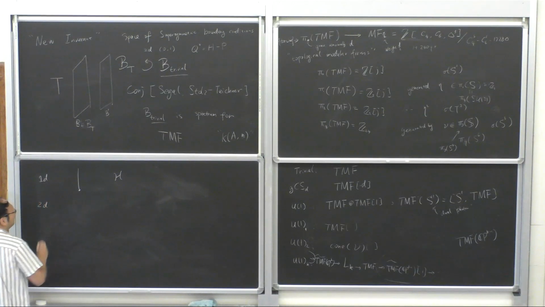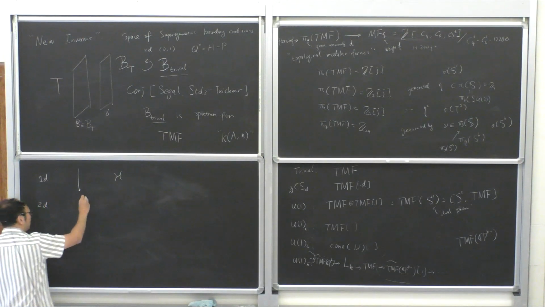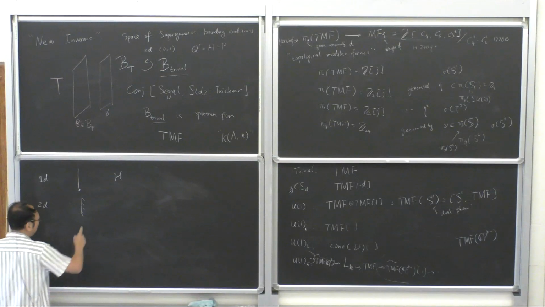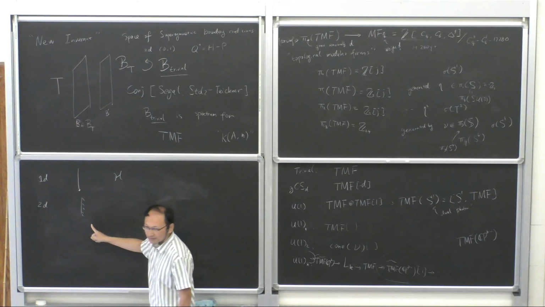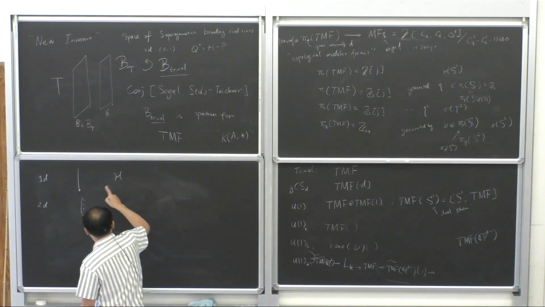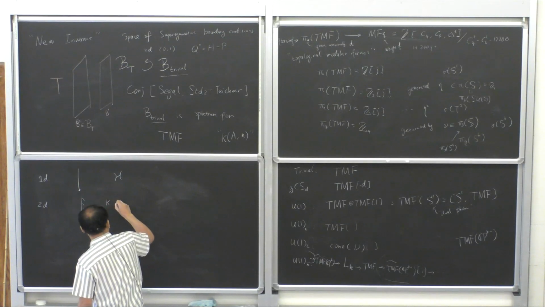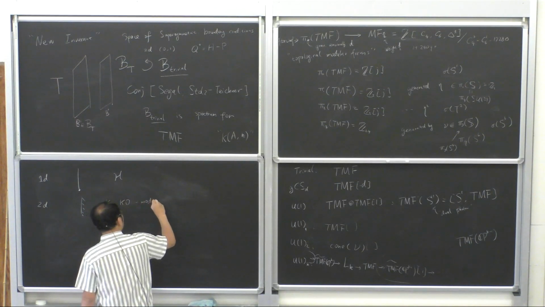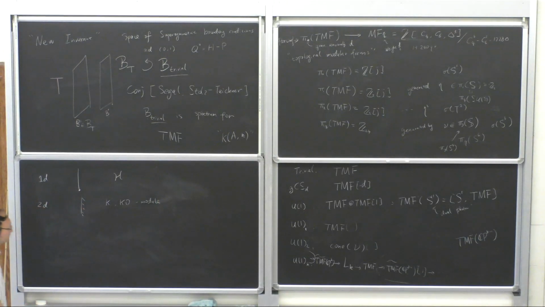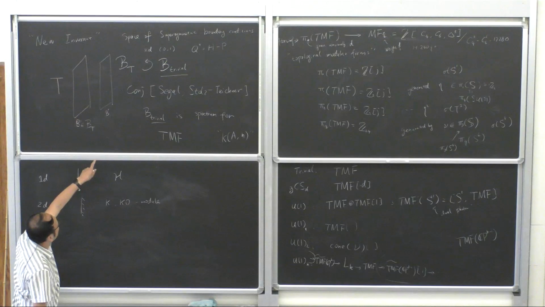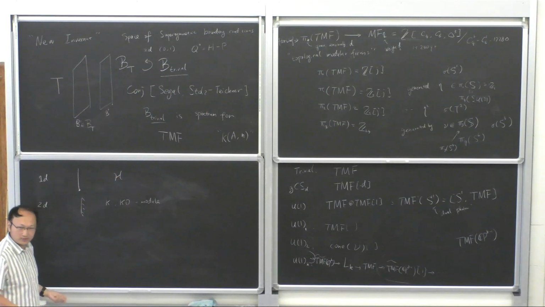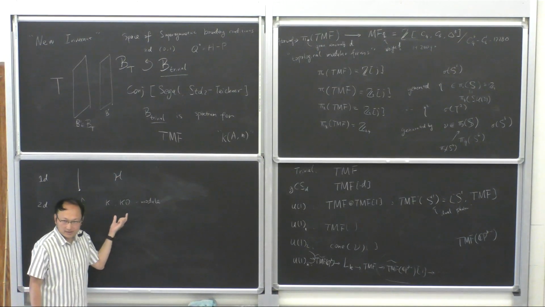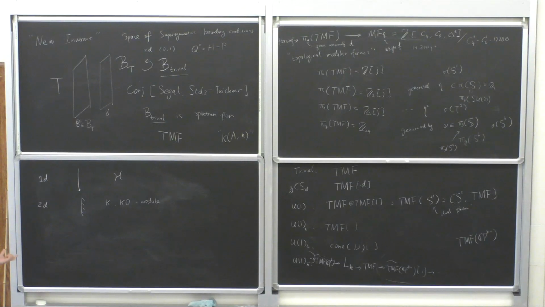For 2D, the boundary will be a 1D theory. So then it will be either a K theory or KO module. Because, similar to the statement that TMF classifies 2D theories, K theory or KO theory classifies 2D theories with or without certain time reversal symmetry.